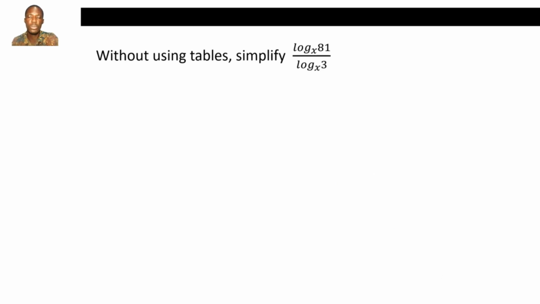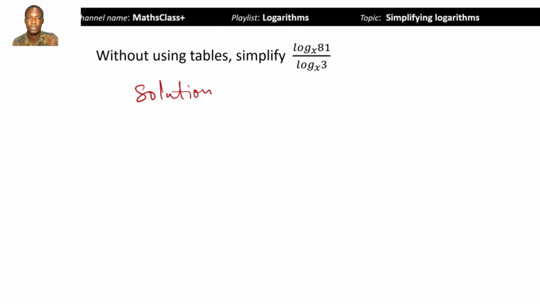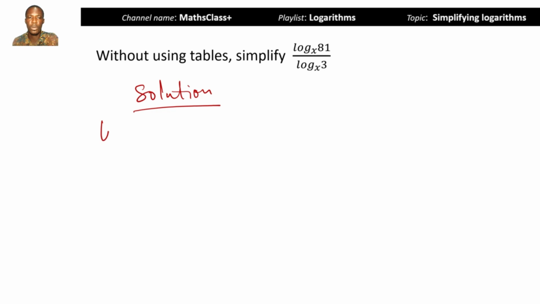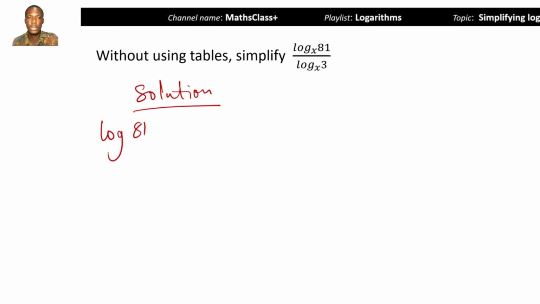Without using tables, simplify the expression in fraction with numerator log 81 base x and denominator log 3 base x. Okay, so let's simplify. So log 81 base x divided by log 3 also base x.